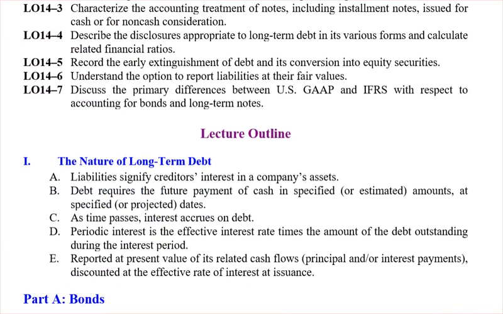Liabilities are those things that reflect a creditor's interest in the company, and you should accrue interest just like you should go through and record accruals when you have discounts, and when you have premiums you need to accrue that interest as well as the cash interest.